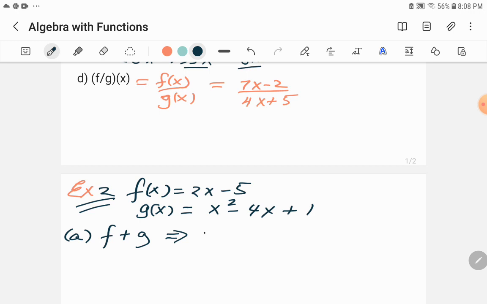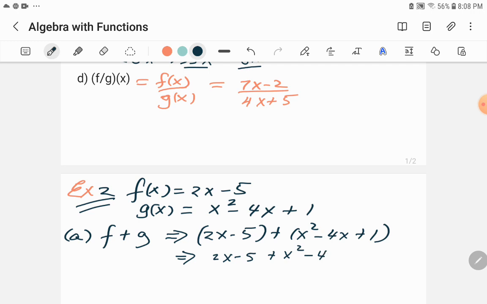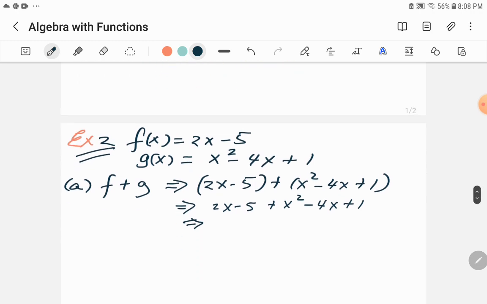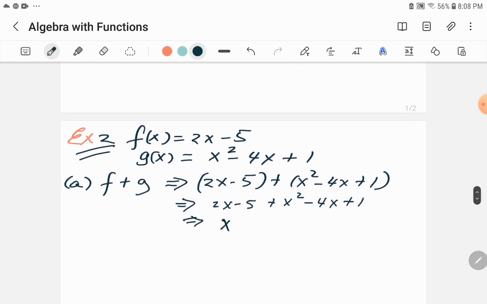So it's just 2x minus 5 plus x squared minus 4x plus 1. So that gives us x squared. And then we combine the 2x and the minus 4x. That's minus 2x. And then minus 5 and plus 1 is minus 4.